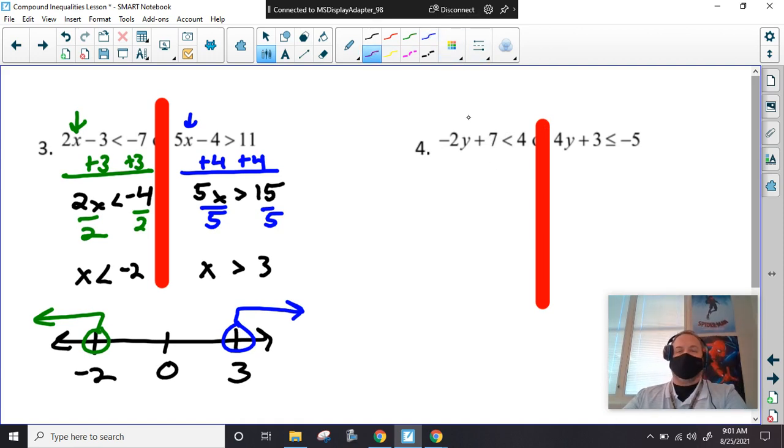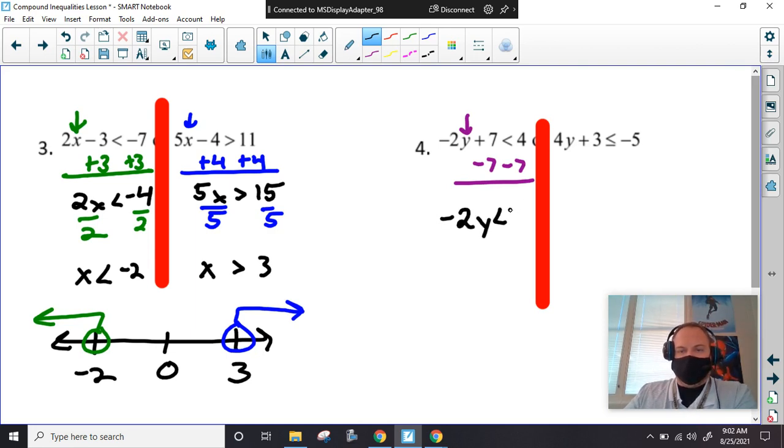All right. Now, there's my variable. It's been multiplied, had something added to it. Let's get rid of that 7 first because that seems like it would be a little bit easy to deal with. So we're going to subtract 7. What's about to happen right here?